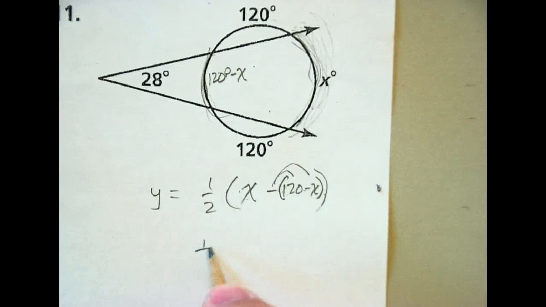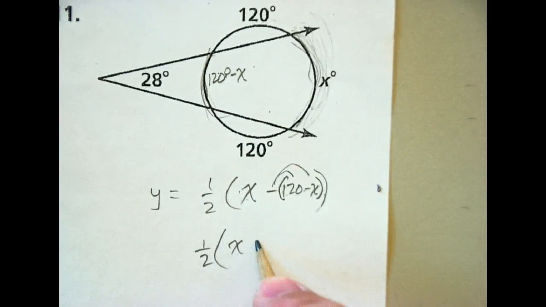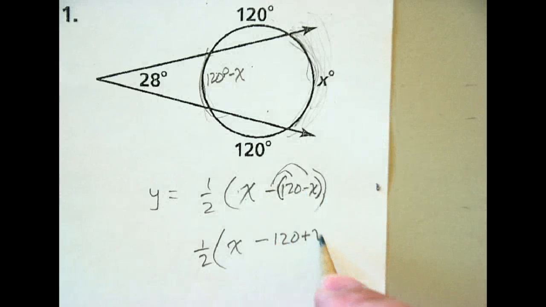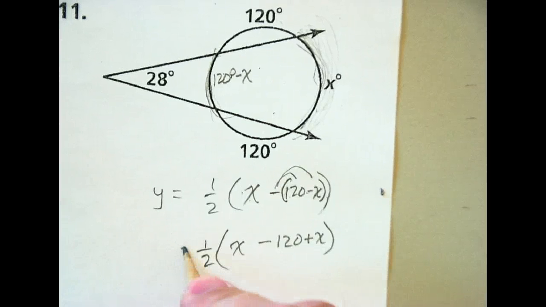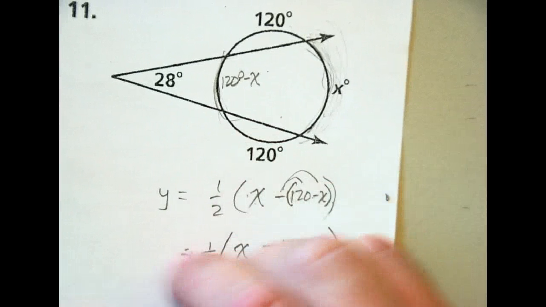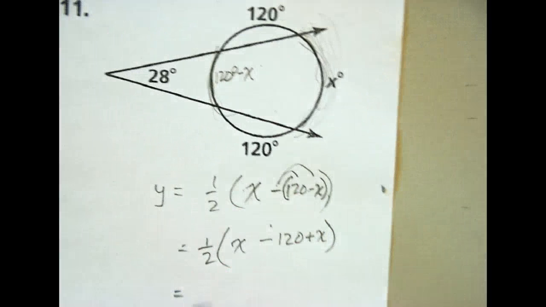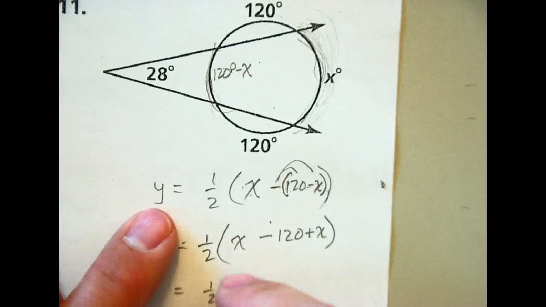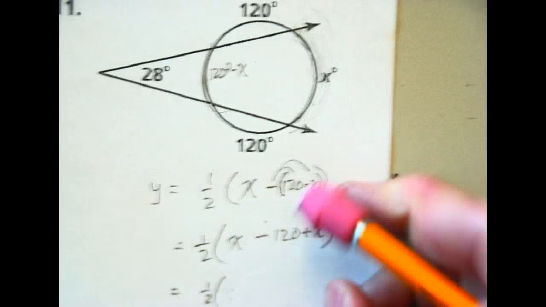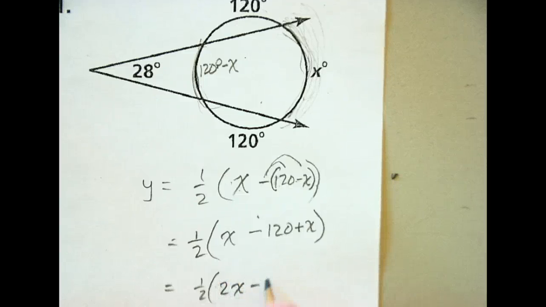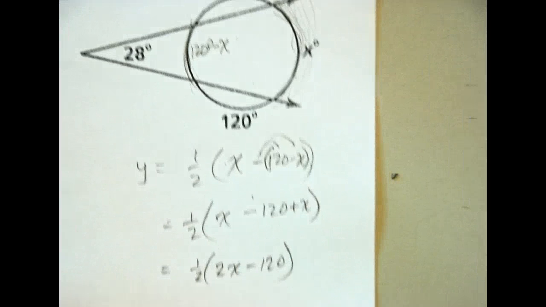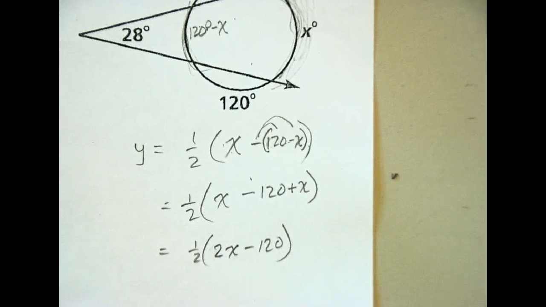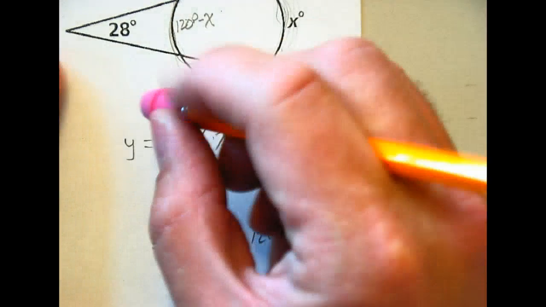So that's actually 1/2 of x minus 120, negative times negative is positive, plus x. So that actually gives us 1/2 times 2x minus 120. Everyone with that? Okay, and our y, we should have changed that early on.